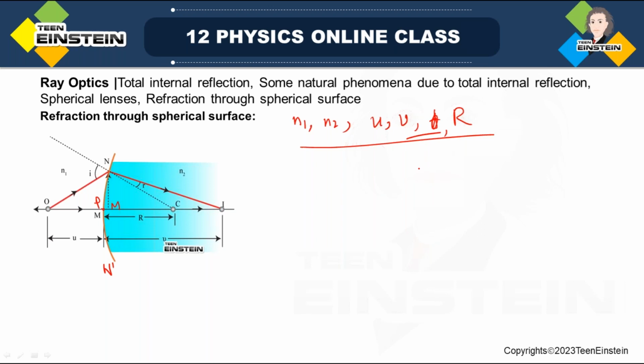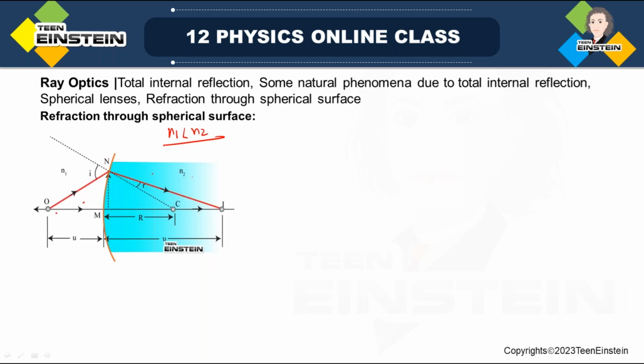So we are going to derive a relationship among these terms. Here we are taking an object in the rare medium. Here n1 is less than n2, which means this is the denser medium and this is the rare medium.